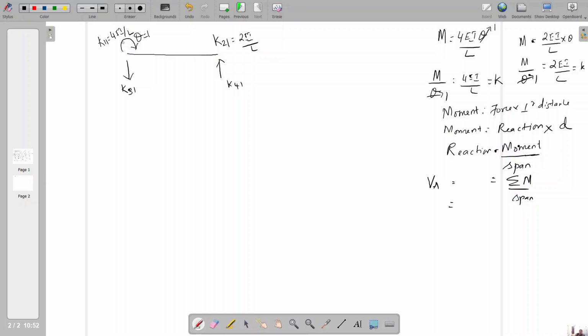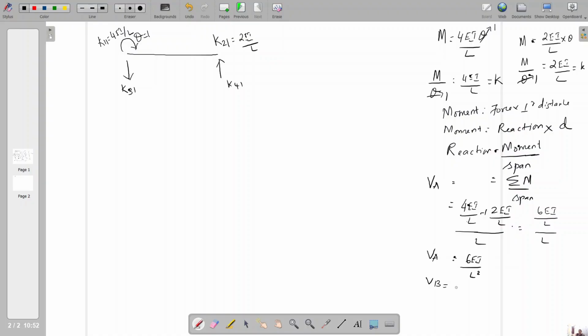We have two moments, 4EI by L and 2EI by L, and you add 4EI by L plus 2EI by L divided by span. This is a common denominator, so you can add: 6EI by L divided by L. So finally you will have 6EI by L square. So this is VA. What is VB?